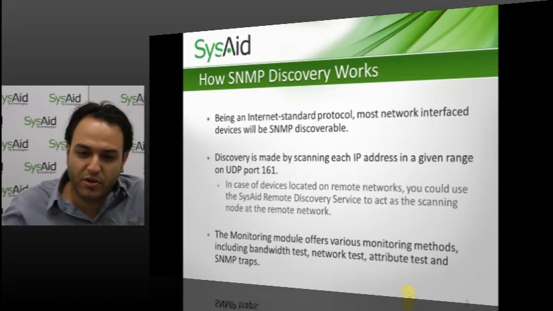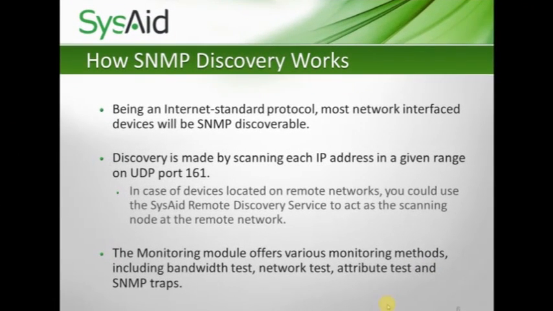Let me just put the whole screen for you so you can see my presentation in more depth. I mentioned here that in case of devices located on remote networks, you do have the option to use the remote discovery service to detect those devices.